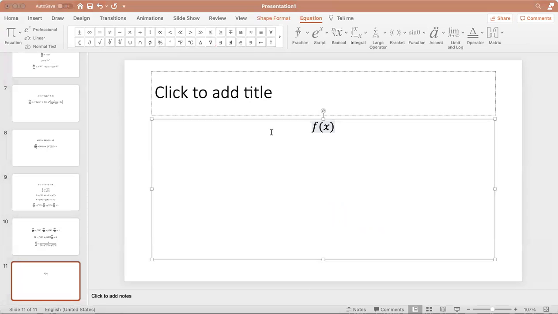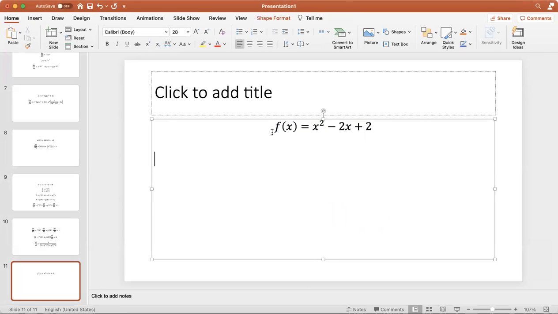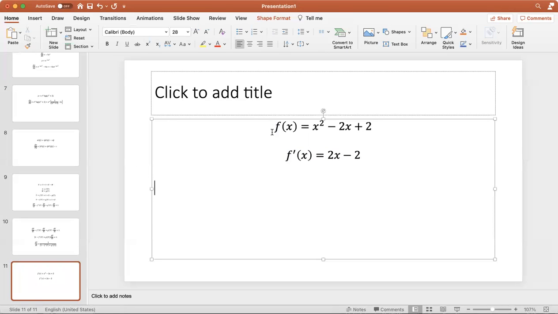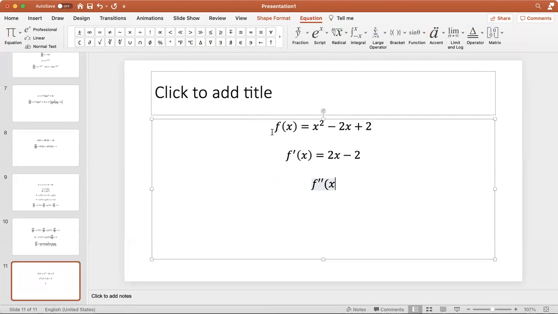Suppose you have f of x equals x squared minus 2x plus 2. Of course, the first derivative of this function will be 2x minus 2. Then the second derivative, f double prime of x, would be equal to 2.